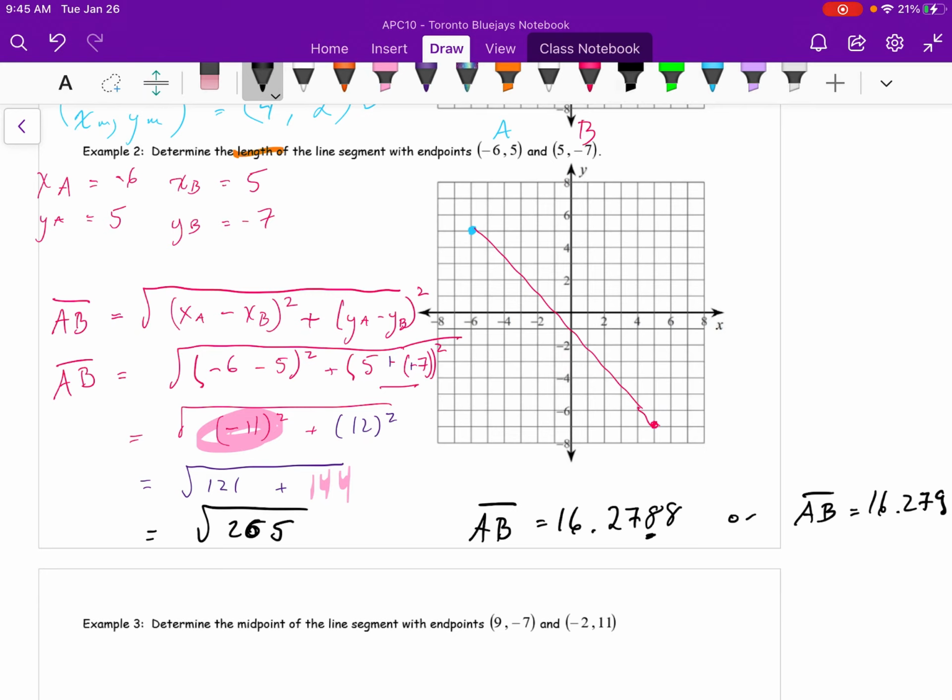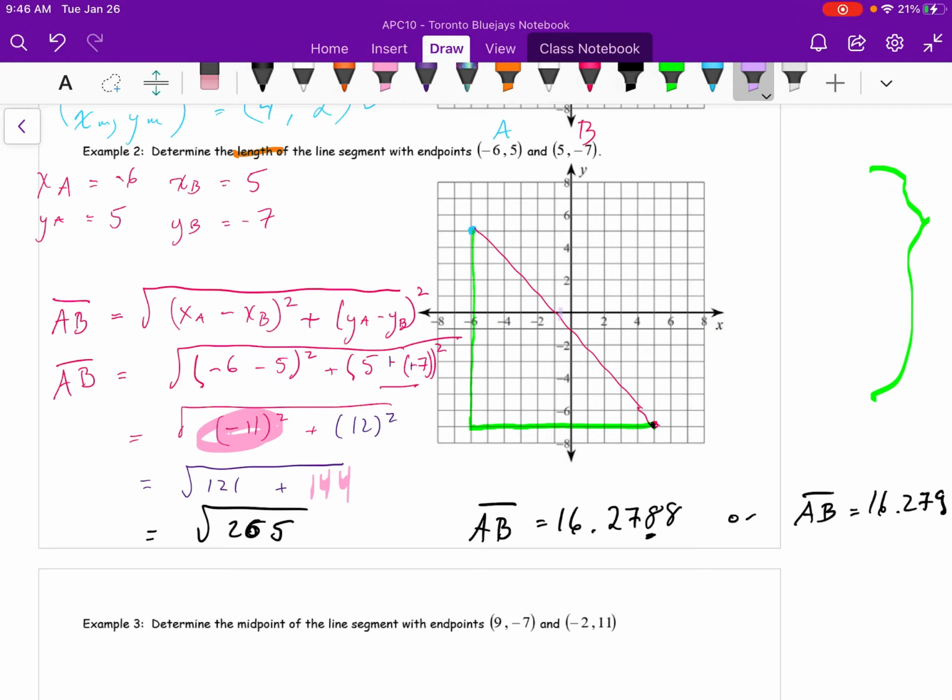Now, can I ask you a question since we've done the question? What is the midpoint of this? Well, I don't know. Can I maybe make a triangle out of this again? So for the midpoint, we're going to have to travel half the distance in the x. So I go from negative 6 to 5.